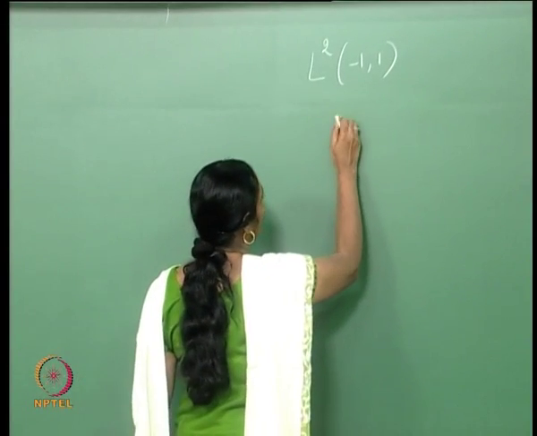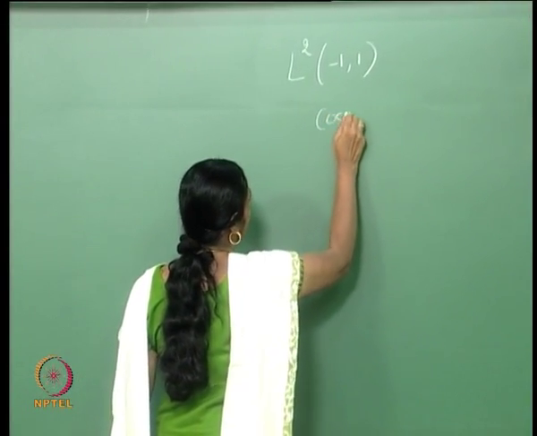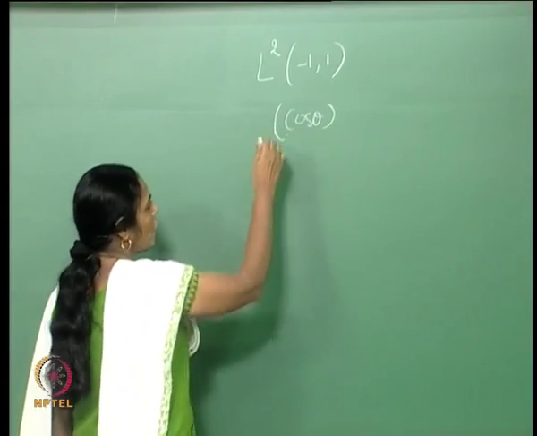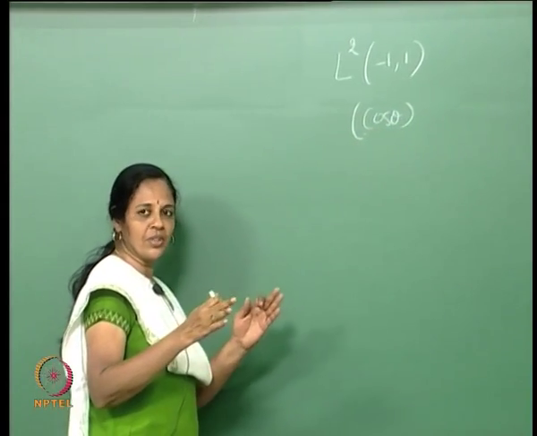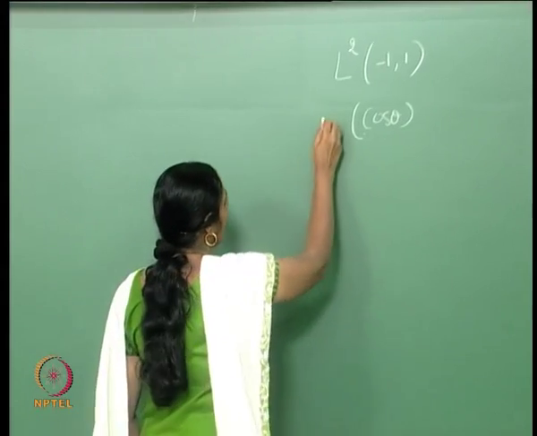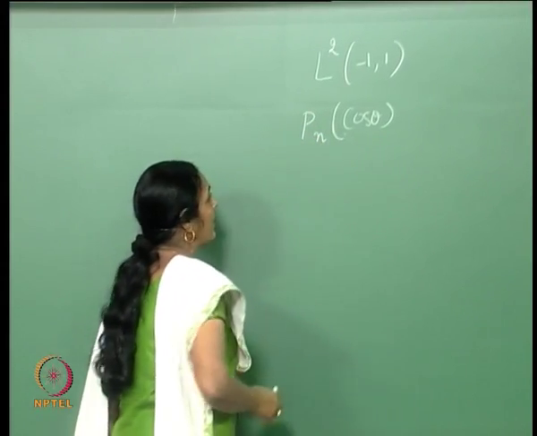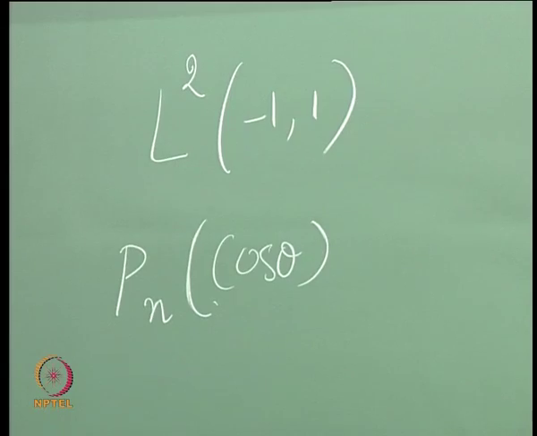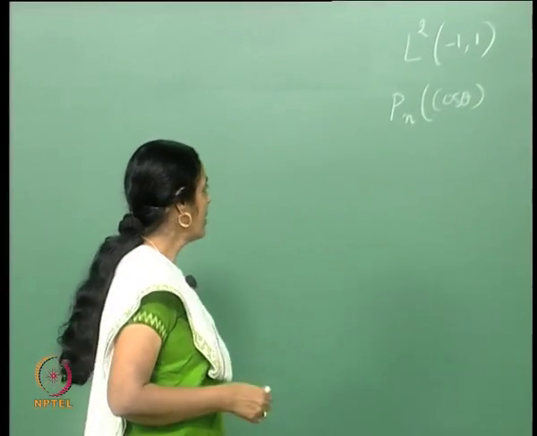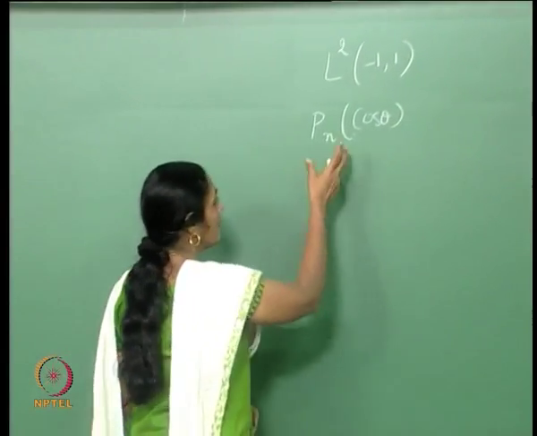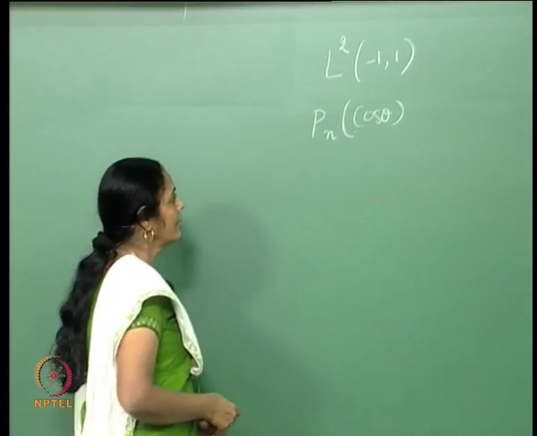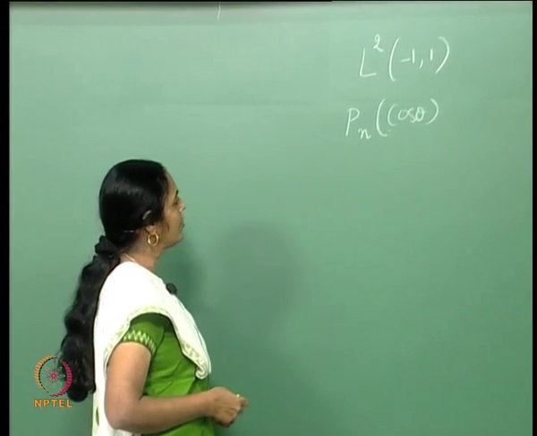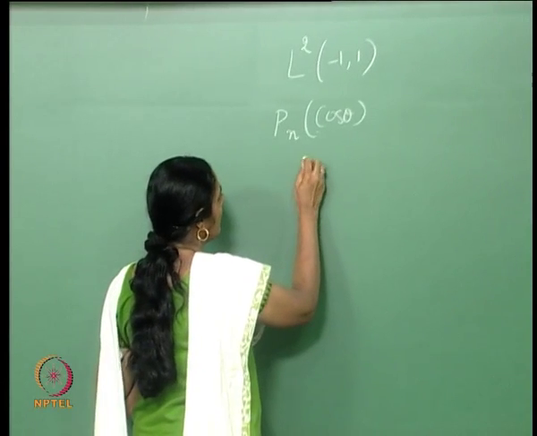Suppose I take the argument of the function to be cos theta. Cos theta certainly goes over the range minus 1, 1. And if I consider the Pn of cos theta, these special functions would be good basis states in this space of square integrable functions.